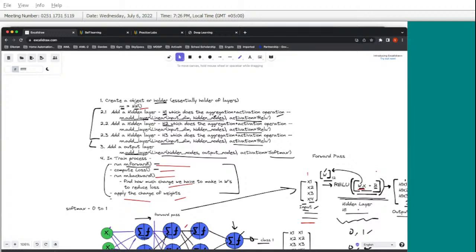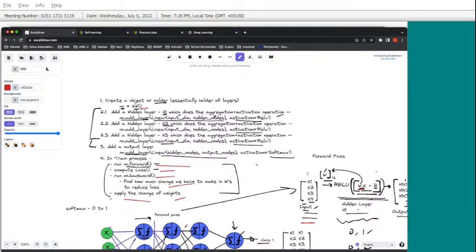Each of those layers must have a summation operation and an aggregation operation. And in the last layer, I should be able to have a summation operation and a special activation operation which should result in probability in case it is classification.